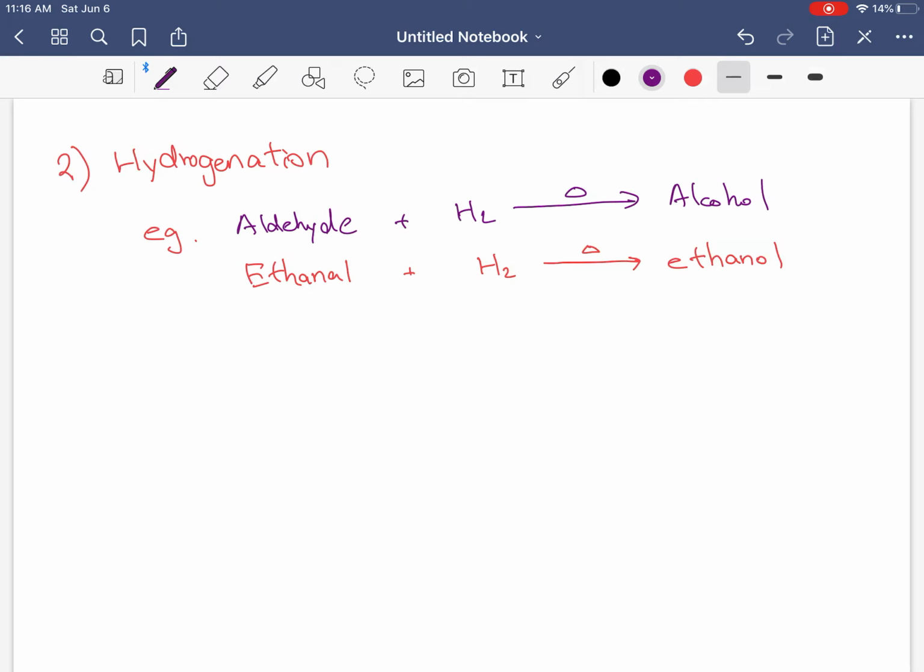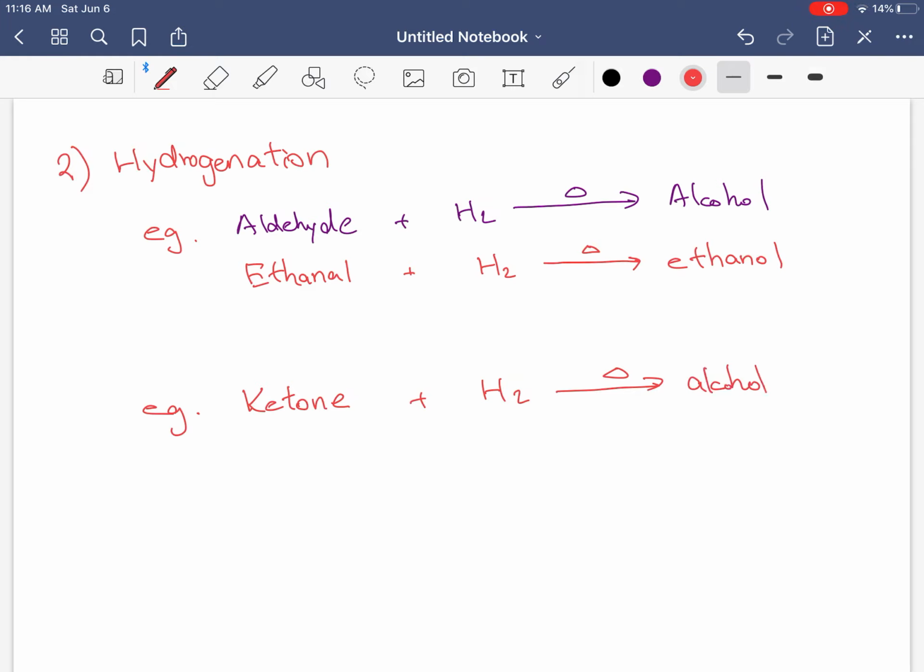Does that mean a ketone works too? If I take a ketone and react it with hydrogen gas in the presence of heat, would I also get back an alcohol? Absolutely.